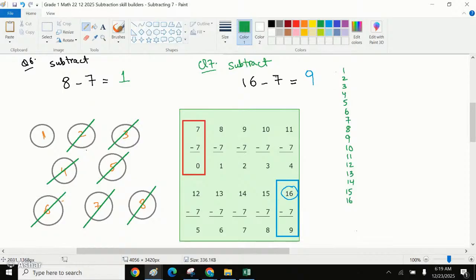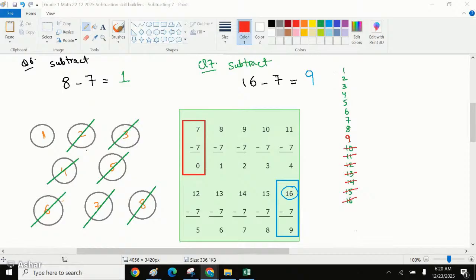If we have 16 numbers, we start removing the numbers. We remove 7 numbers, 1, 2, 3, 4, 5, 6, and 7. We are left with 9 as our answer. We can also do that. If you don't remember any time, you can always write down the numbers and you can always remove. Very good. Thank you for the answer.